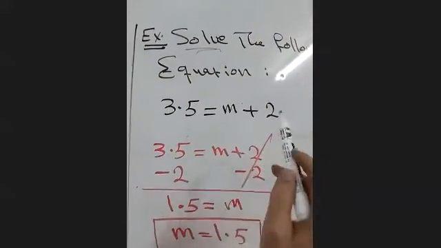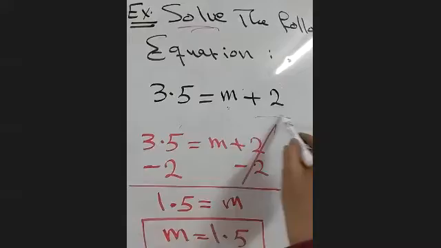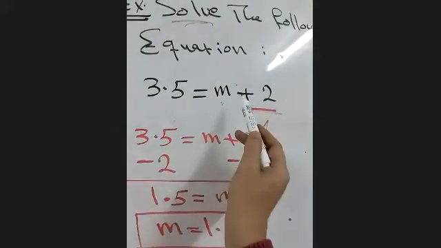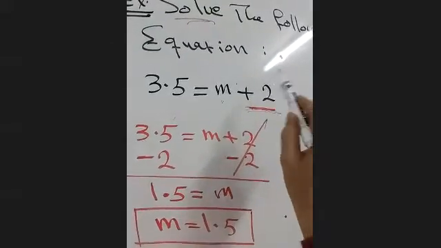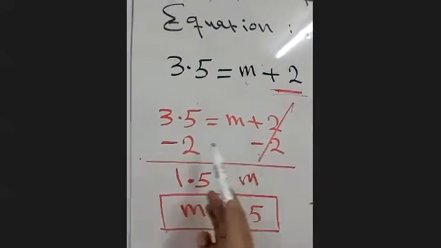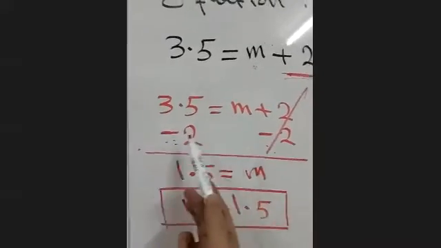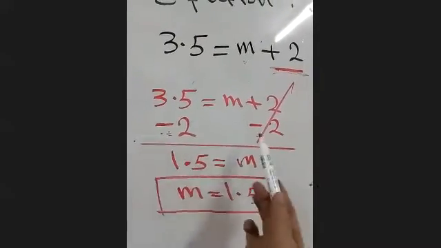3.5 equals m plus 2. This is the variable, and this is the connected number, the number with the variable. Okay? m plus 2. Get rid of plus 2 by subtracting 2 from both sides. It's important, from both sides. We call this the subtraction property of equality.